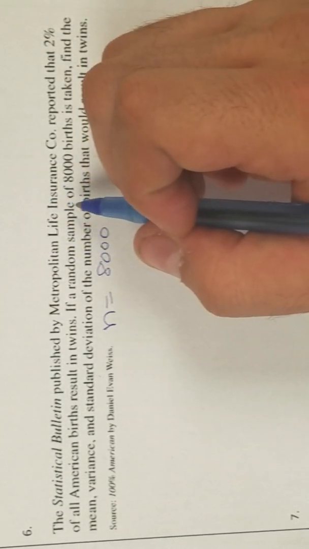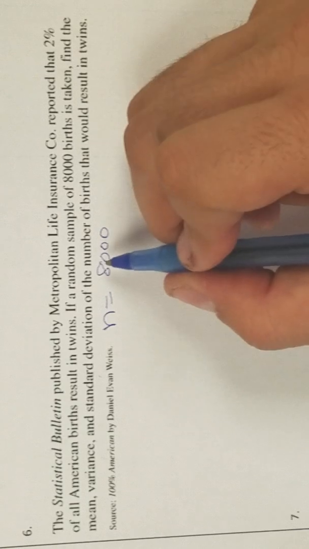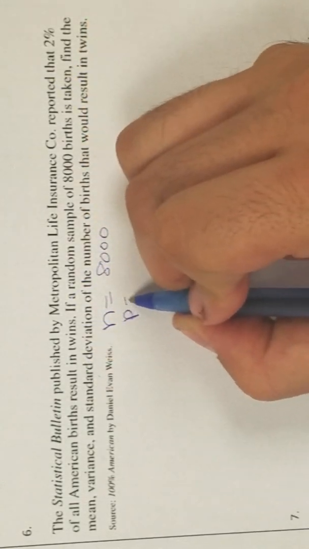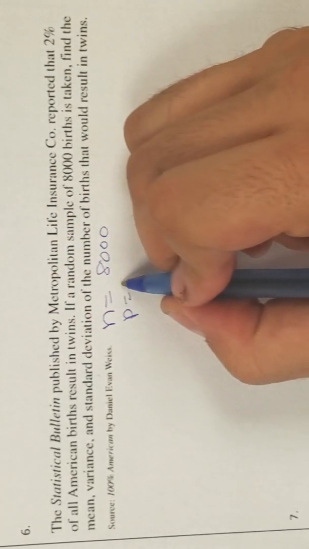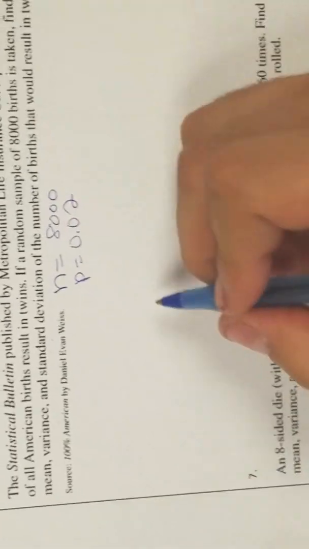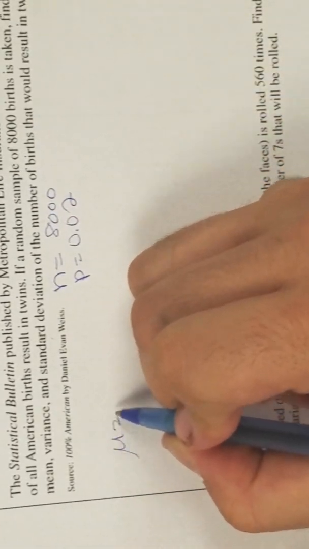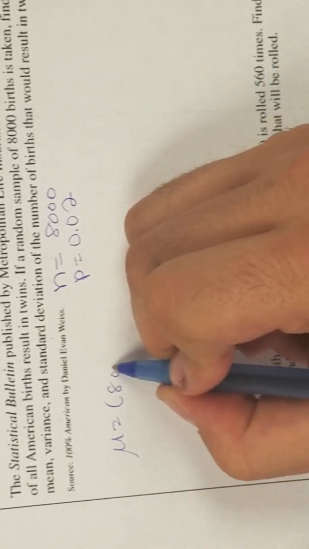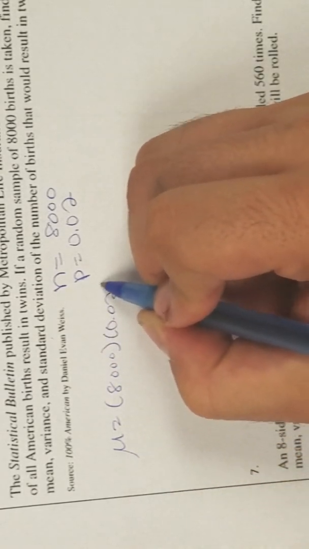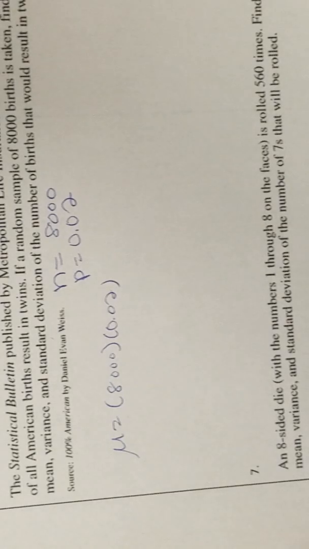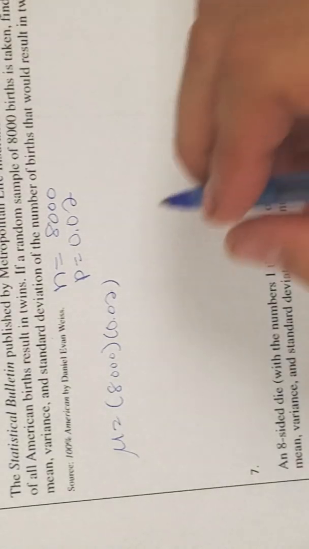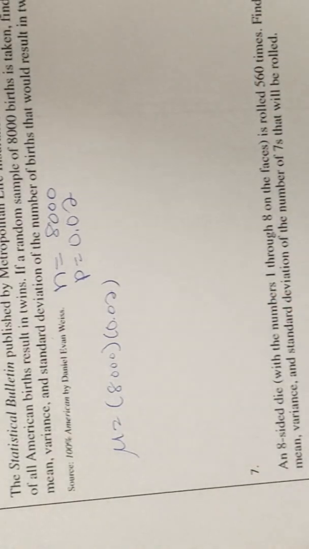So that's 2 categories. And the probability of resulting in twins, which is in this case success, is 0.02. So that means that mu, the mean, is 8,000 times 0.02, which in this case is 160.